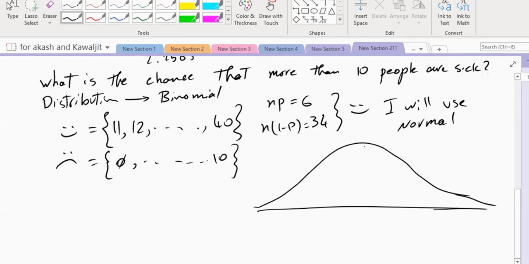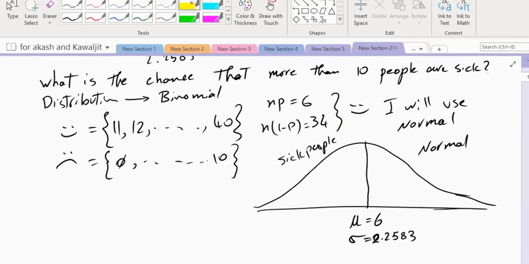A normal distribution whose mean is 6, whose standard deviation is 2.2583.